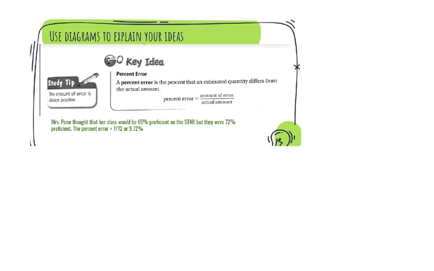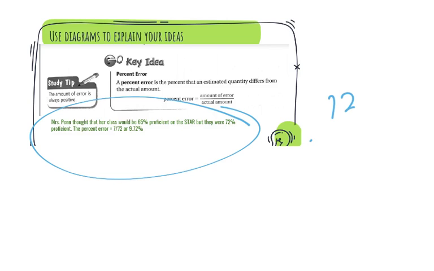Percent of error is another one that we'll talk about. So I have this example here. Mrs. Penn thought the class would be 65% proficient on the STAR, but they were 72% proficient. What is her percent error? So what we would do is take 72 and subtract 65, and that's 7.